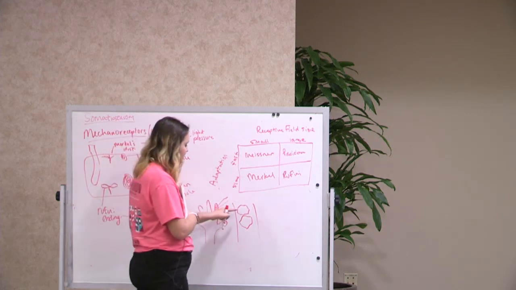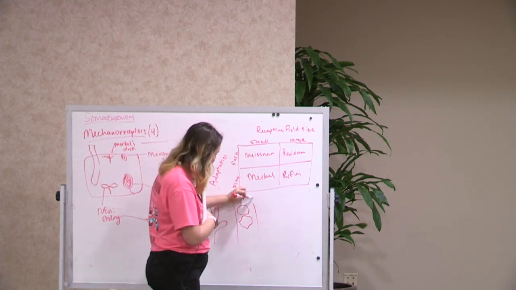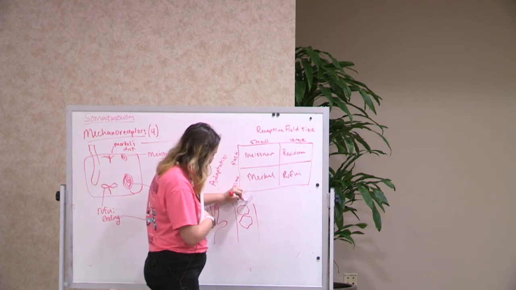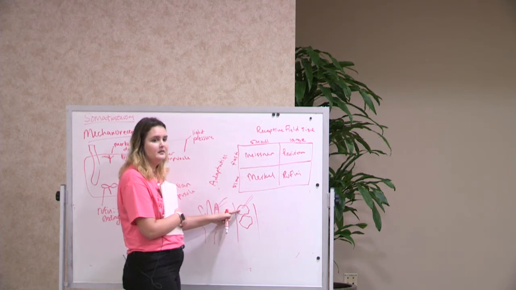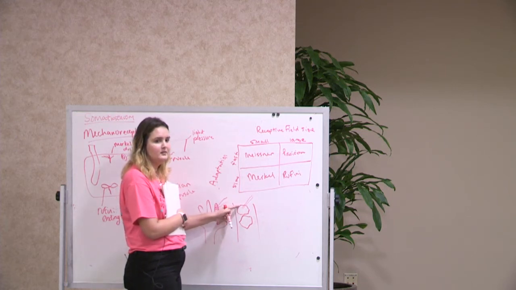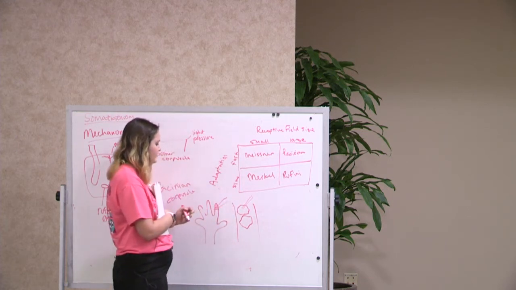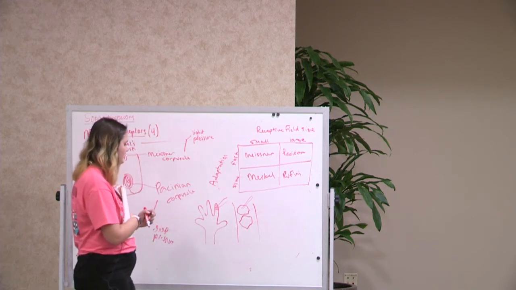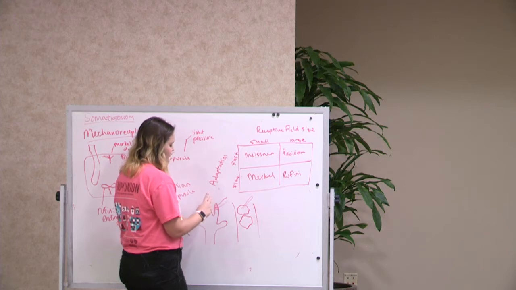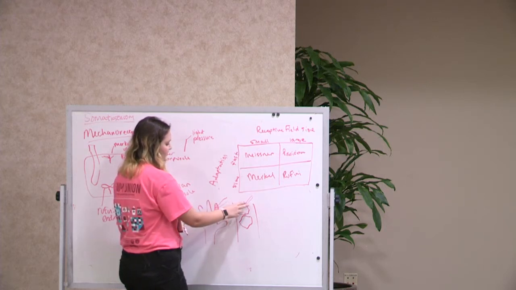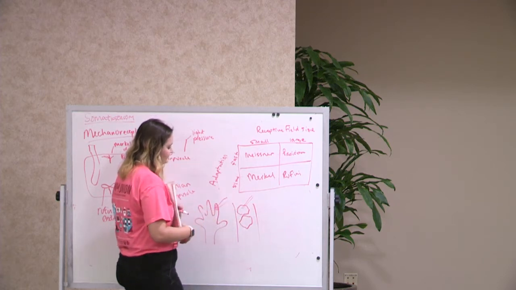But if I did this on someone's lower back, with my two pencils next to each other, they're going to tell me that they feel one, because they hit one receptive field. So if you see something like this on an exam and they're on separate fields, then know that they're feeling two sensations, and if they're on the same, even though there's two pencils, then it's only one sensation.